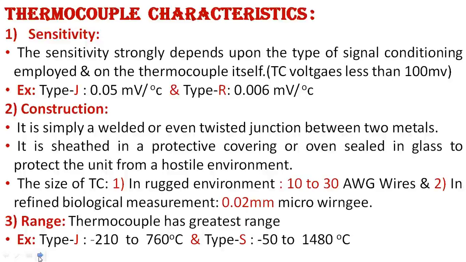The size of the TC is 10 to 30 AWG wires in rugged environments, and in refined biological measurement it is 0.02 millimeter micro. Third is the range. Thermocouple has the greatest range, for example J is minus 210 to 760 degrees Celsius, and S is minus 50 to 1480 degrees Celsius.